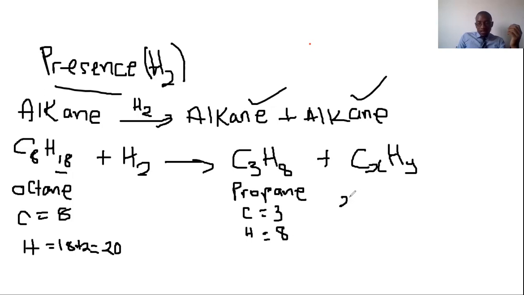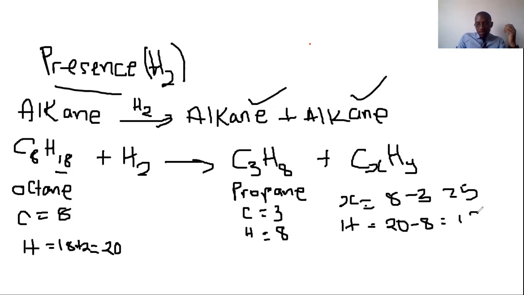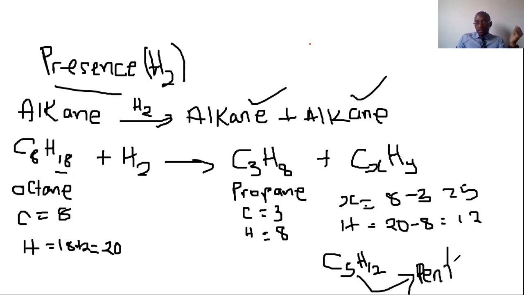To find the x, we check what is on the reactant side. We have 8 minus 3, which gives us 5. Then H will be 20 minus 8, which gives us 12. Therefore this is C5H12. What is the name of this? This is called pentane.